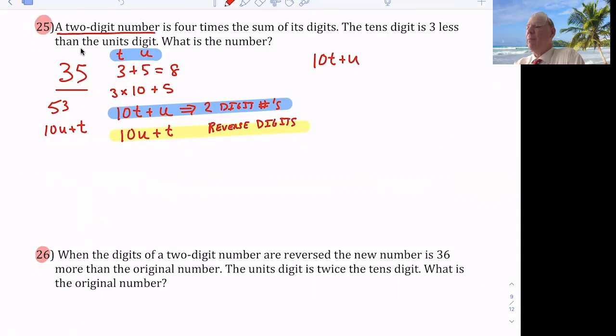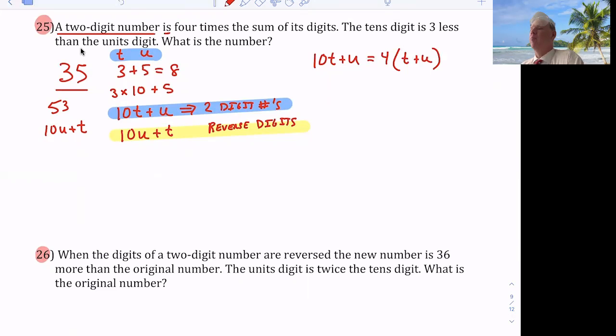That 2-digit number, what does it mean? Equals 4 times the sum of the digits. What do I do? 4 times, I'm saying just the digits. T plus u. That's the first equation.